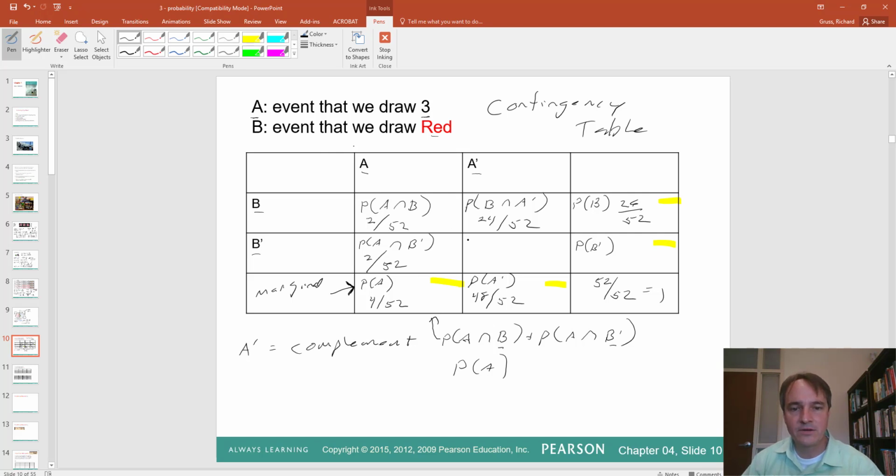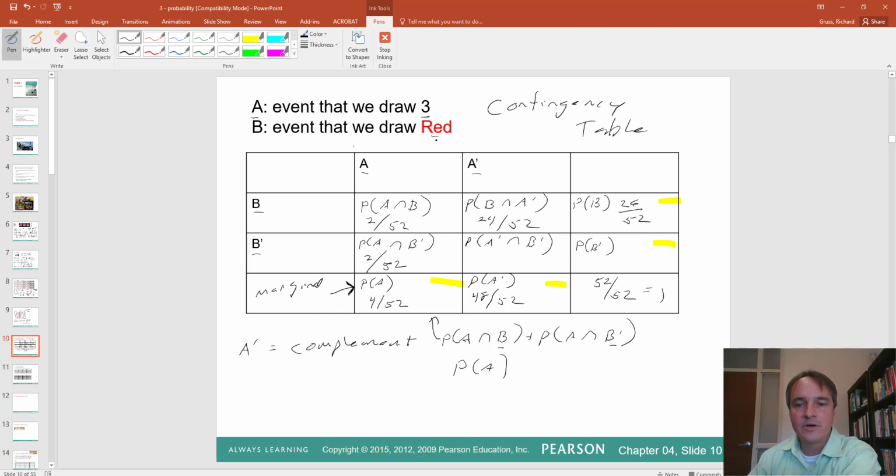Okay, so down over here, this is probably the hardest one to conceptualize. So now we're dealing with the probability of not A and not B. Okay, so that means the probability that it's not a 3 and it's not red. In this case, it might just be simpler to work backwards from the marginal probability. So what's the probability of not B?